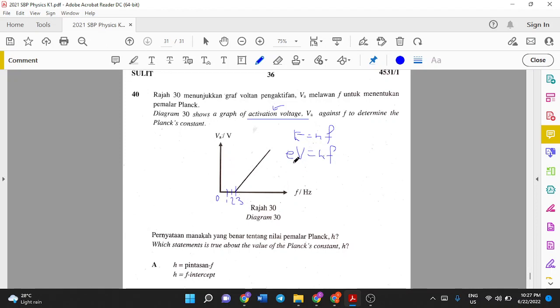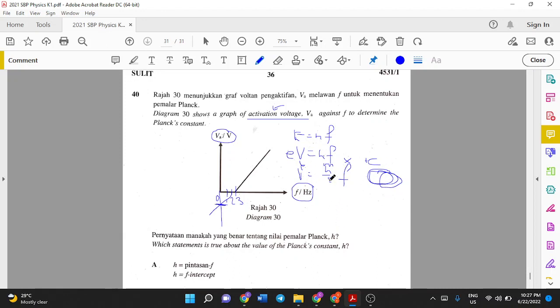Your V will be your y-axis, your f will be your x-axis. So V equals he over f, plus c. This is your y, this is your m, this is your x, and plus c, which they didn't show here, so we just leave it.